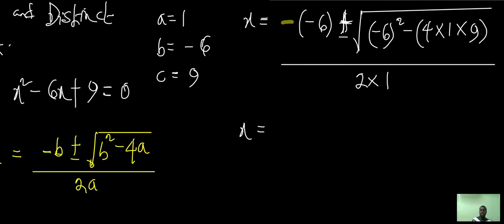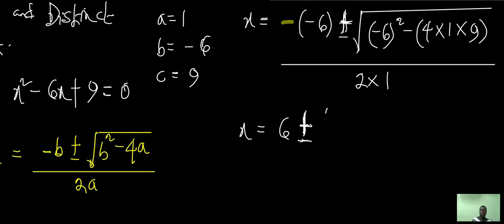x equals, now the negative in the formula multiplies the b, which is negative 6, that becomes plus 6. So plus 6 is saved as 6, plus or minus. The plus or minus in the formula helps you generate the two answers required towards the last stage.